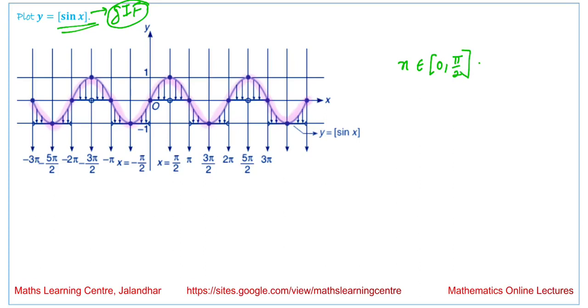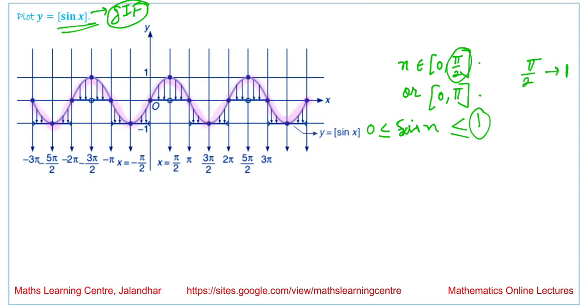or between 0 to pi, the values of sin x lie between 0 and 1, and the value will be equal to 1 only at the point pi by 2. So at pi by 2 the answer will be 1.